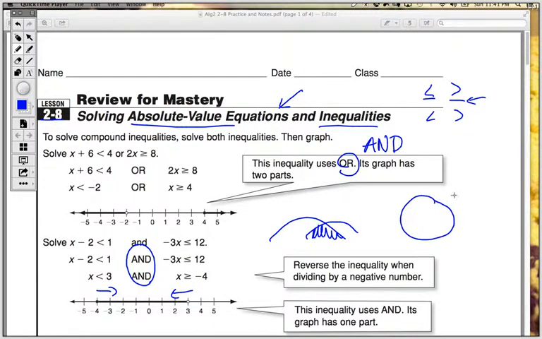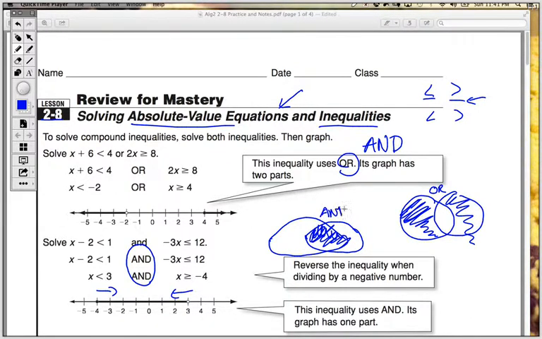Whereas if it's an "or," it's just the outsides of a Venn diagram, like this side or this side here. So "and" is like the middle of a Venn diagram, and "or" is like the outsides. Kind of. Sort of. Usually. Not all the time, but you'll see some of the differences here and there.